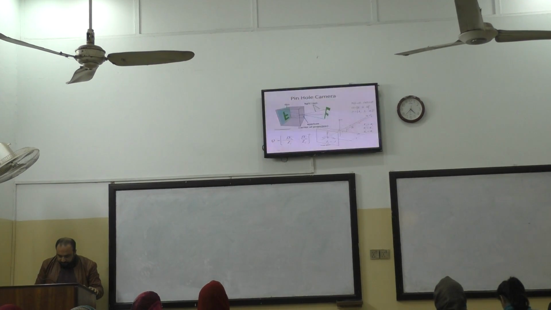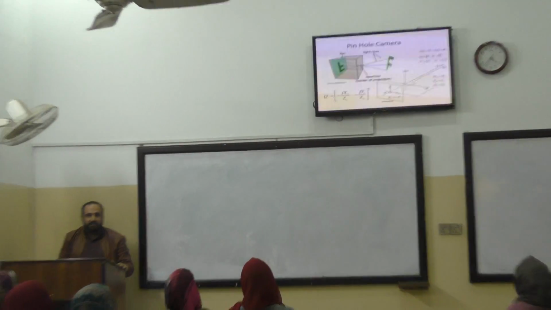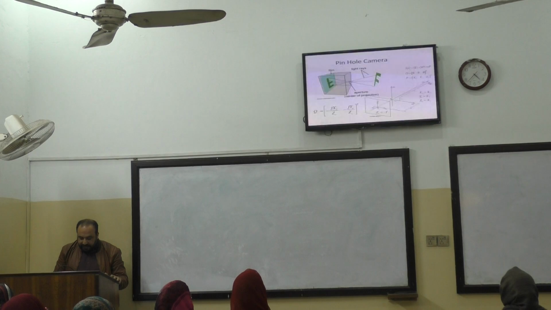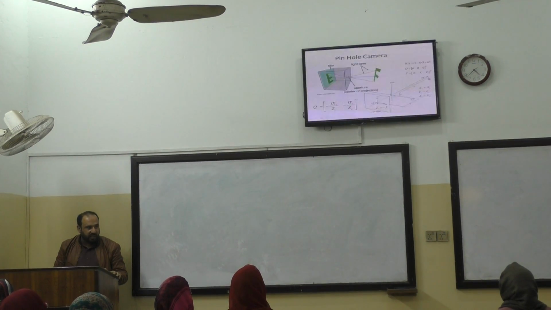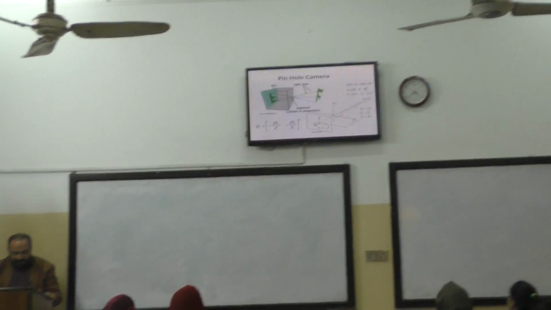Now, because light travels in straight lines, the light emitted from this point P will pass through O, which is a pinhole, and continue its journey in a linear fashion, and eventually it will hit this image plane at some point.